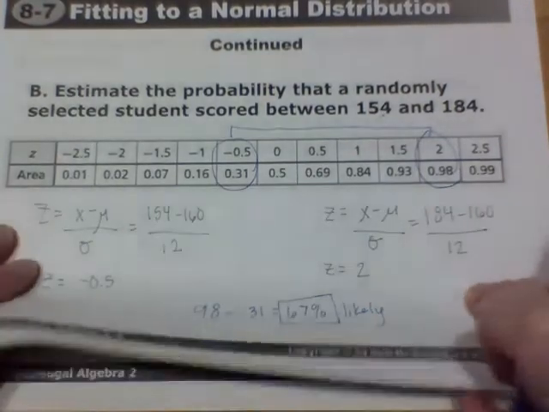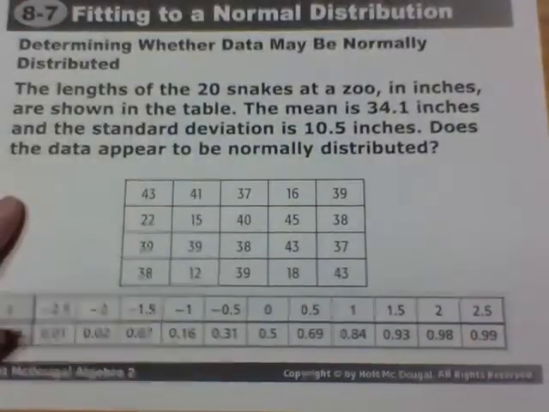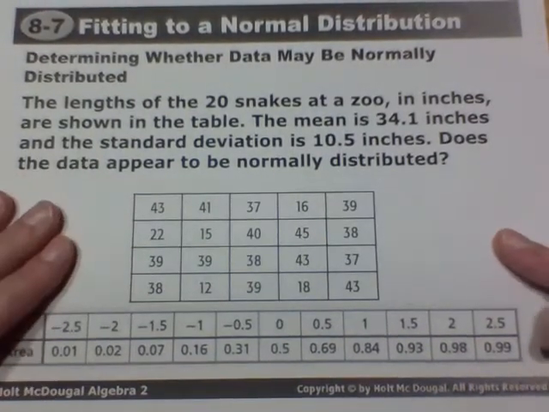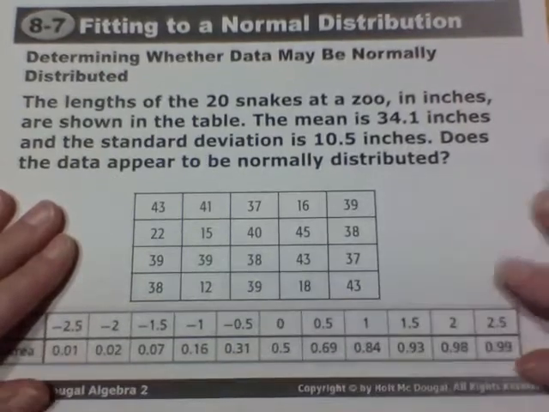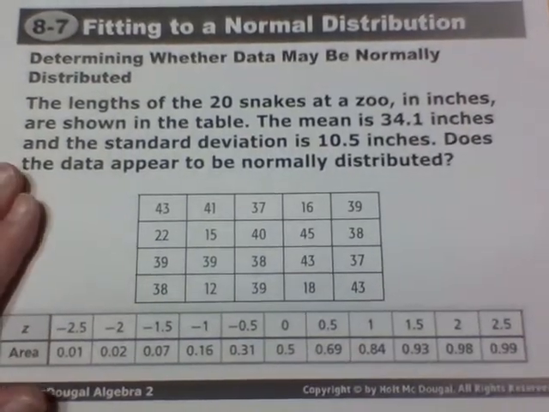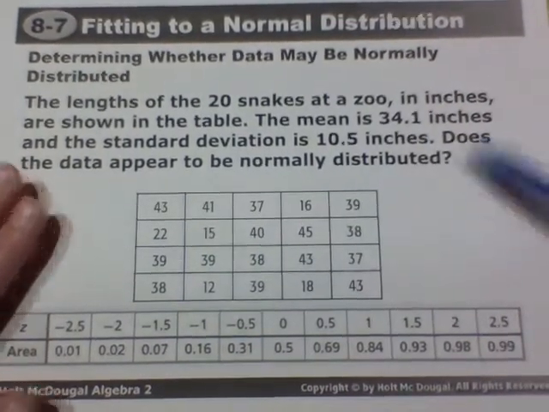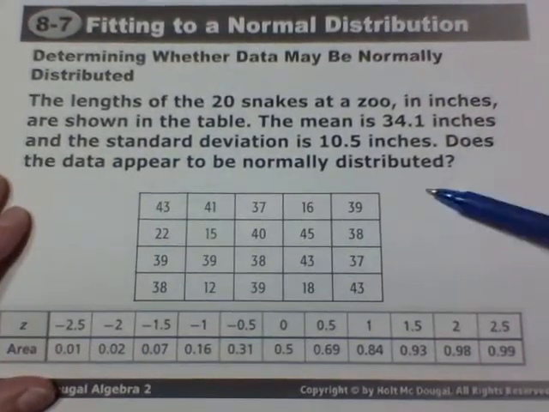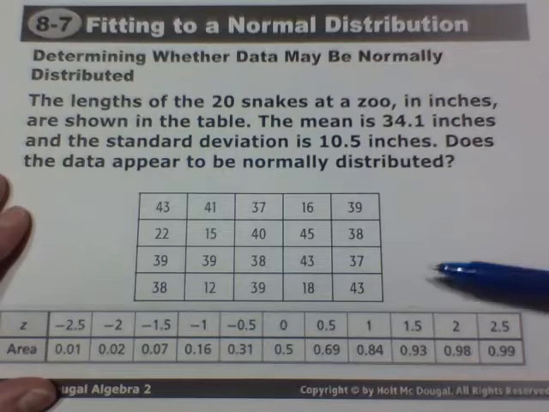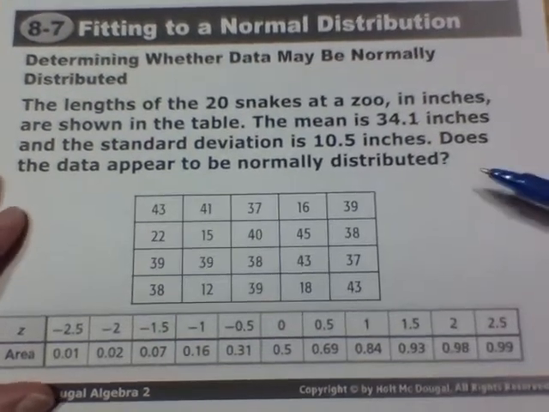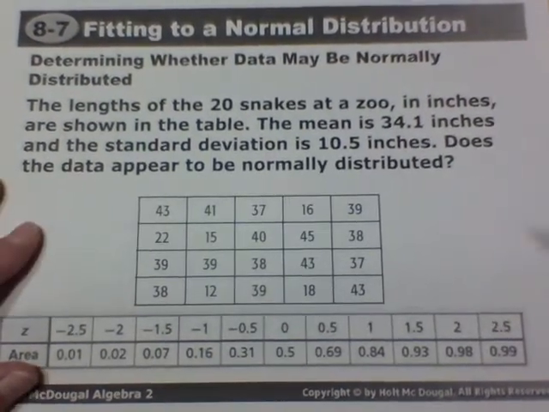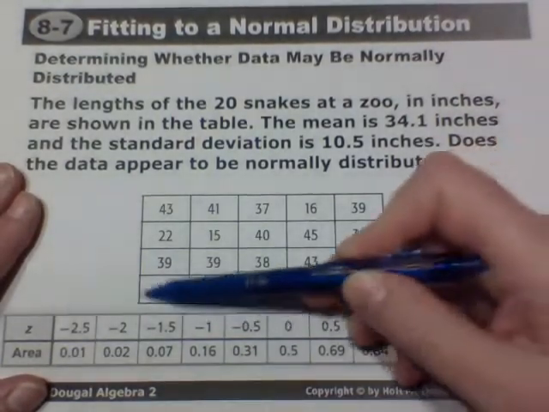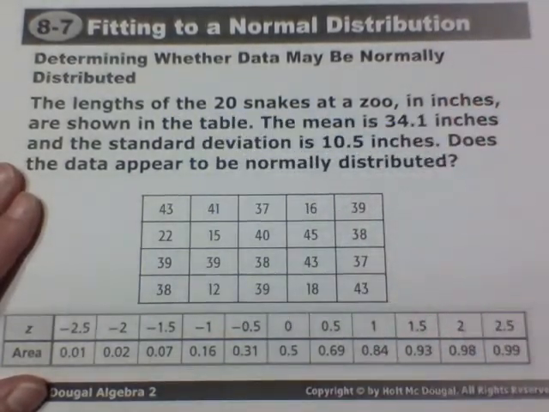All righty. Now, the next thing that we are going to do is try to fit data to a normal distribution. So basically what's going to happen is a lot of times in science, they're trying to figure out, is this a normal distribution? Is this what would have normally occurred, or is there some sort of outlier going on? So what you would do is you would take all of this data, and this happens to be the lengths of 20 snakes at a zoo.